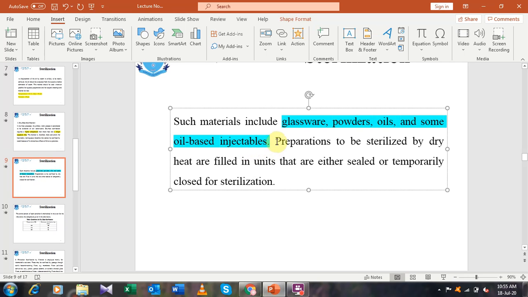dry heat sterilization. Preparations to be sterilized by dry heat are filled in units that are either sealed or temporarily closed for sterilization, and then direct heat is applied to that material or those units, such as glassware, that are either temporarily closed or sealed, and sterilization is done this way.